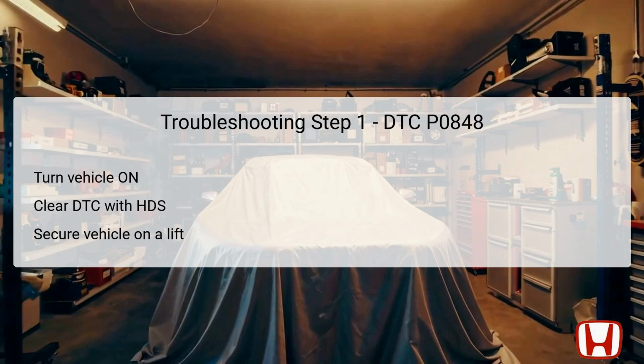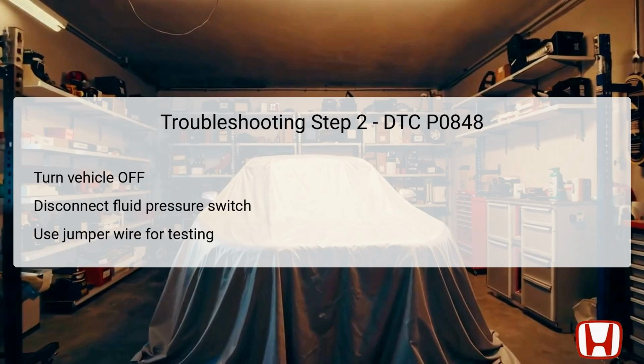This step is crucial as it sets the stage for checking the functionality of the transmission fluid pressure switch, while also safely allowing the technician to proceed with checks under the vehicle. Allowing the wheels to rotate freely also plays an important role in diagnosing the transmission's behavior under its operational load.